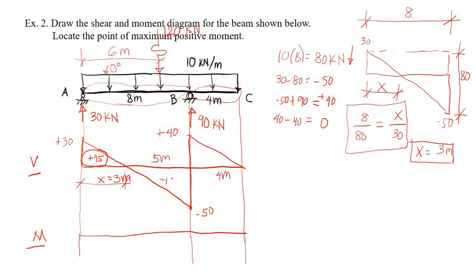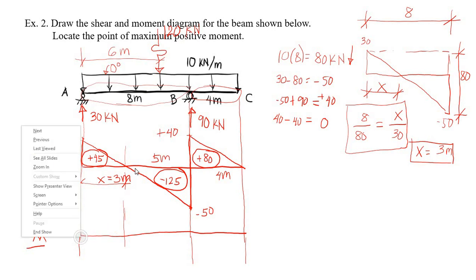This must be negative 125. And the area here, we have 1/2 times 40 times 4. The area is positive 80. Okay. So we can now locate the location of our maximum moment. 0 plus 45 is 45.